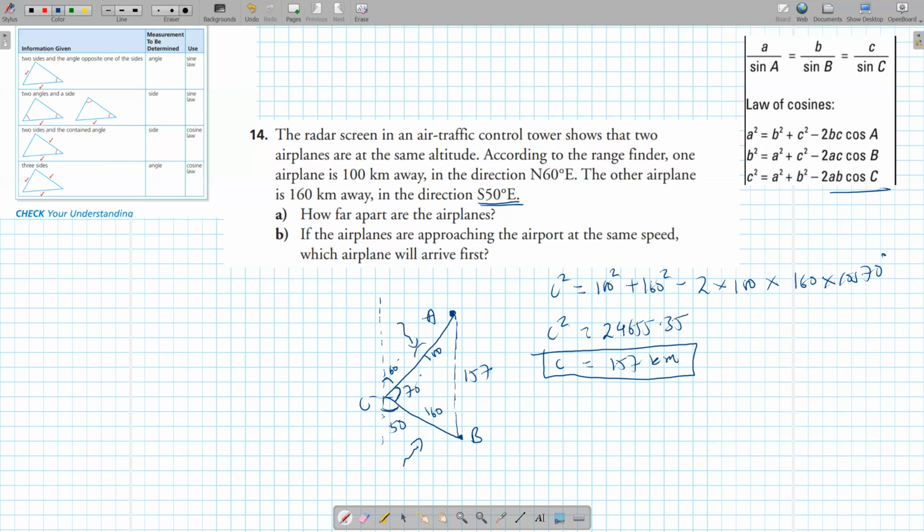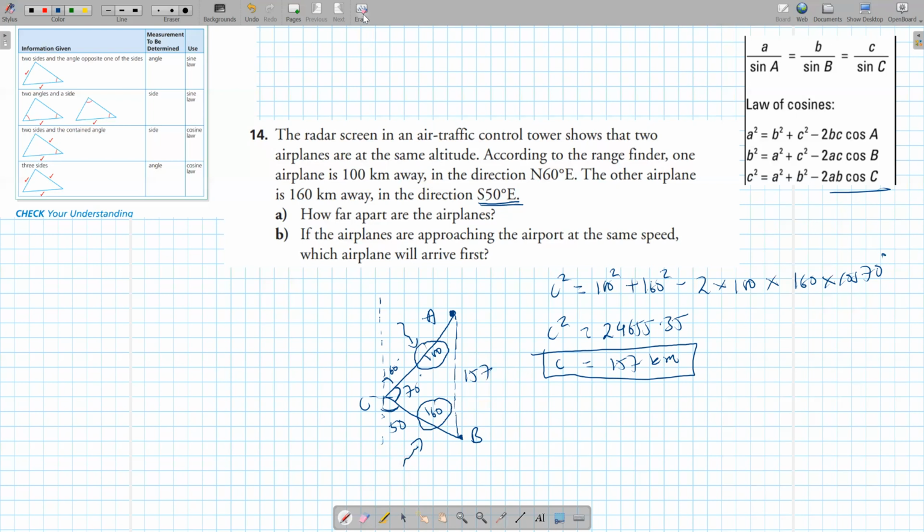This is only 100 kilometers away, and this is 160 kilometers away. They're traveling at the same speed, so the one that's closer is going to get there faster. So A would get there faster because it has less distance to travel. Does that make sense?